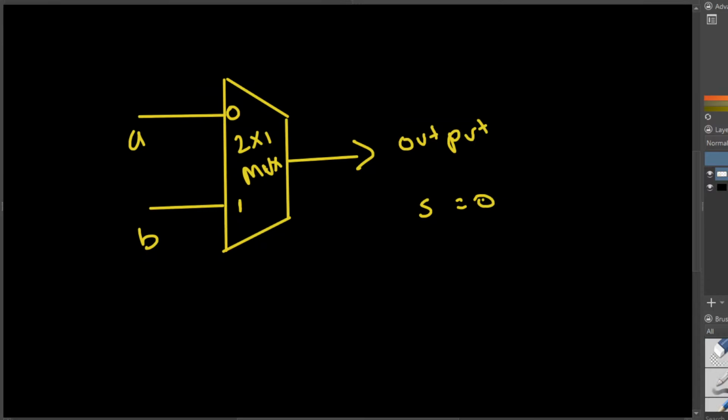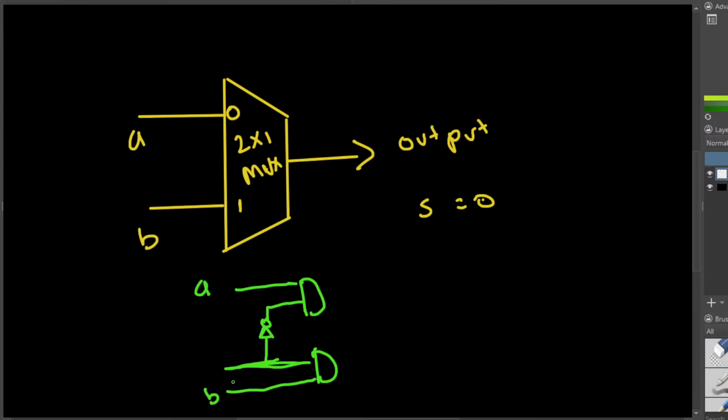To see what this is, I am going to draw this in terms of a logic gate diagram. If you draw this in terms of a logic gate diagram, it is going to look like this. You're going to have 2 AND gates, and here you have an input A, and then you will be having a NOT gate connected to this, and then this will be connected with an AND gate, another AND gate, and here this is B, this is S, this is the select signal, and these two will be connected to an OR gate.